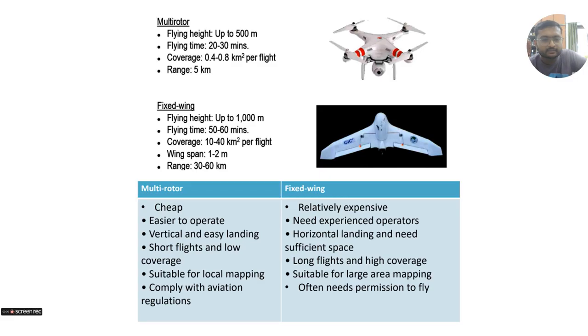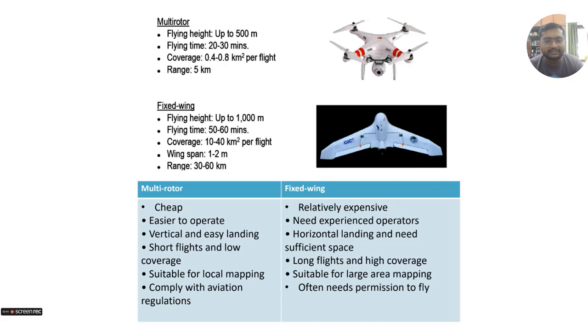Apart from that, the advantage of multi-rotor is that it's cheap and easy to operate, whereas fixed wing is expensive. You need an operator who can operate it, because as you go up, winds also increase. So you need a good aerodynamic system which can stay stable at that altitude.